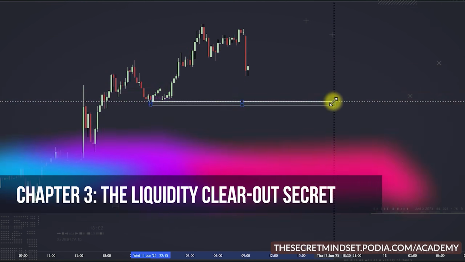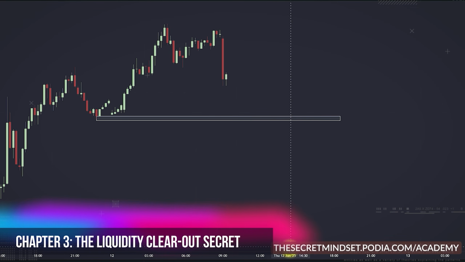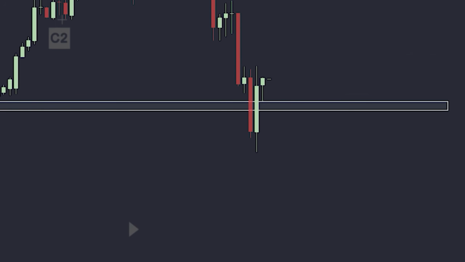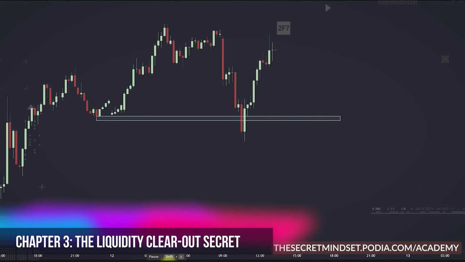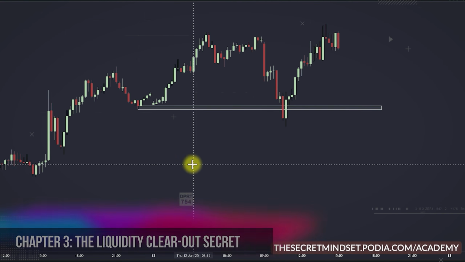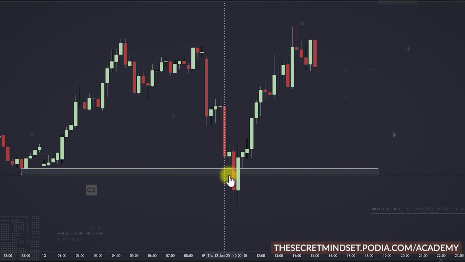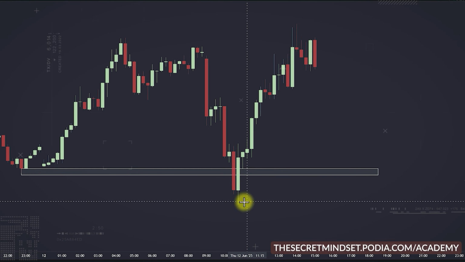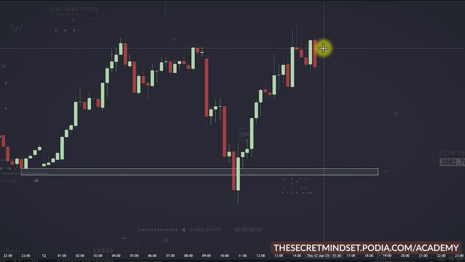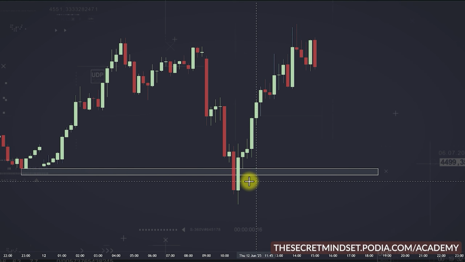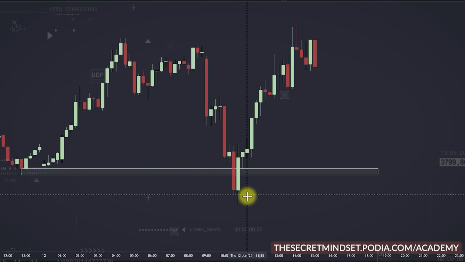Here's what changed my trading forever. Sometimes price breaks support, triggers all the stop losses, then immediately reverses back above. Most traders see this as a false breakdown. They think their analysis was wrong. Their analysis was perfect. That's exactly why it failed. Smart money knew where every stop loss was placed.